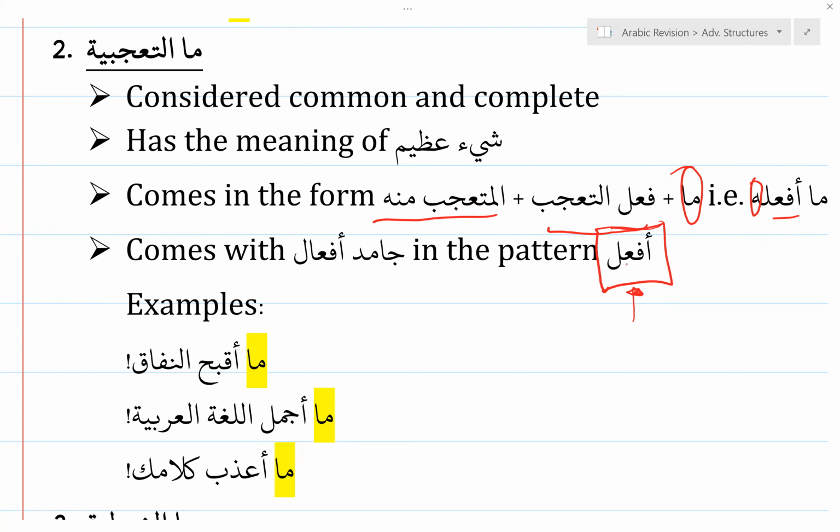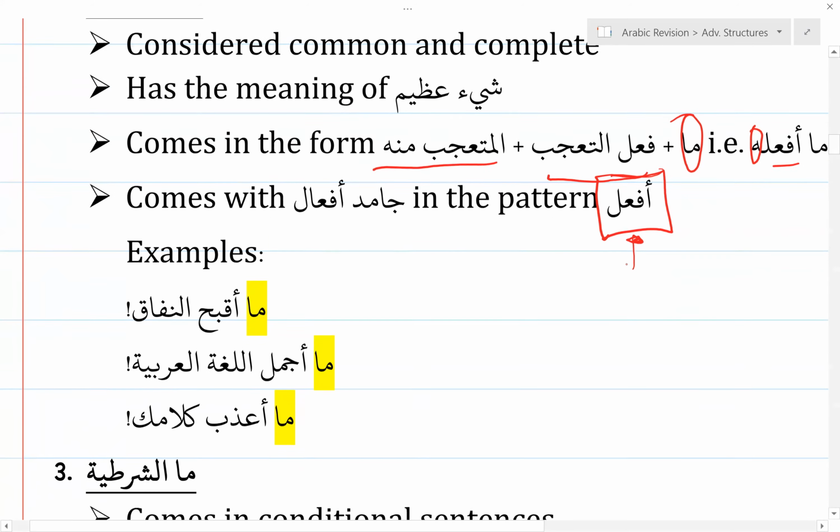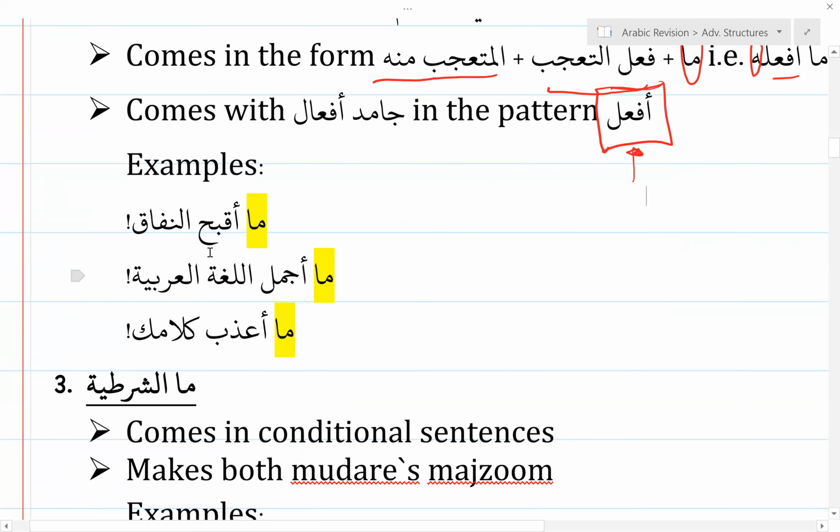That's important to know. For example, ma aqbah al-nifaq. How ugly is nifaq? How ugly is hypocrisy? So you're aggrandizing. How shay'un azim al-nifaq, in other words. Shay'un qabih in this case. Nifaq is something so ugly.